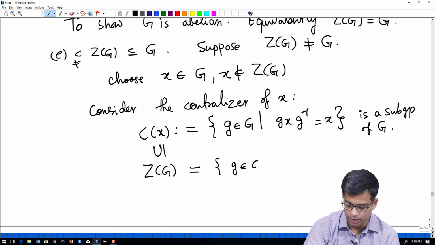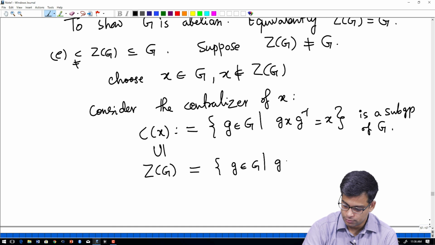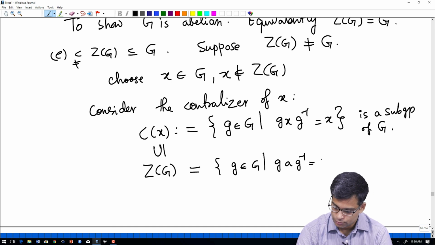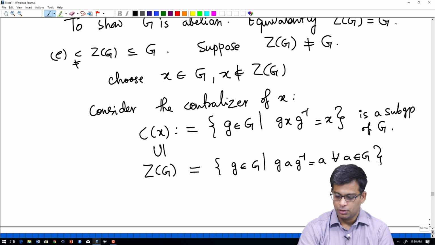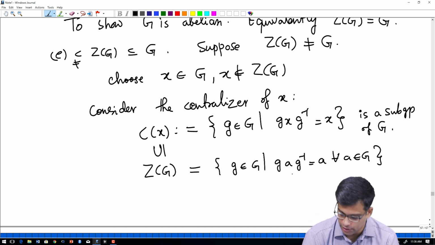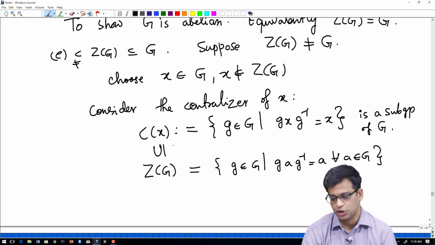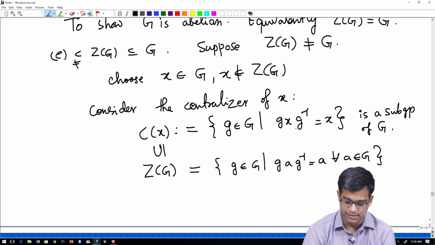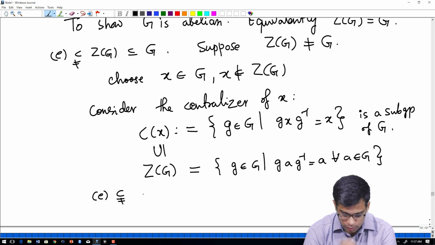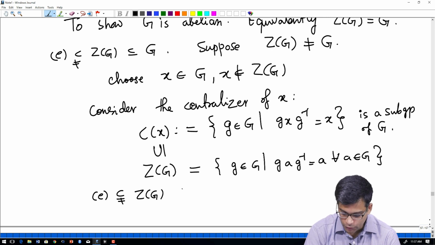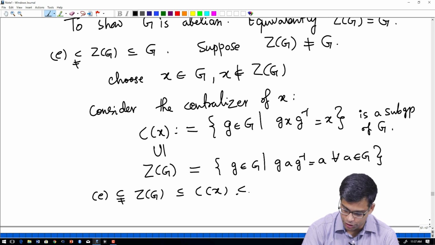The center consists of group elements which commute with everything, and Cx is the group elements which commute with x. So, the center is contained in Cx. So, what do we have? We have E, we have Zg, we have Cx, we have G.